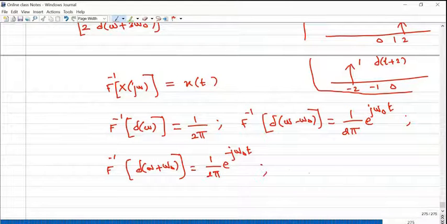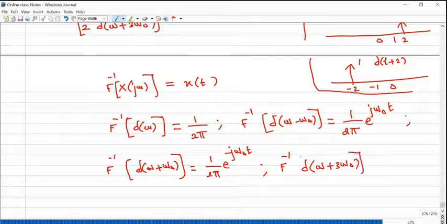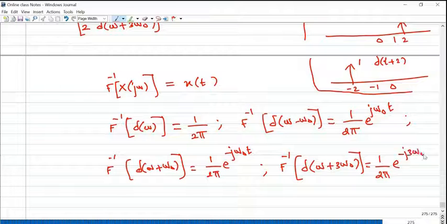Okay. So similarly, inverse Fourier transform of del of omega plus 3 omega naught equals 1 divided by 2 pi e power minus j3 omega naught.